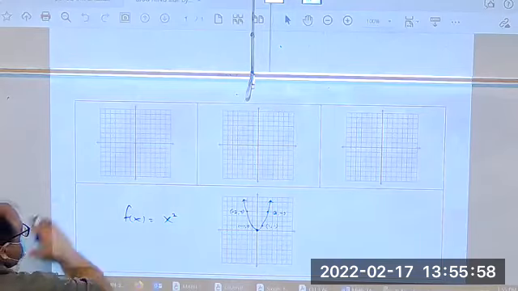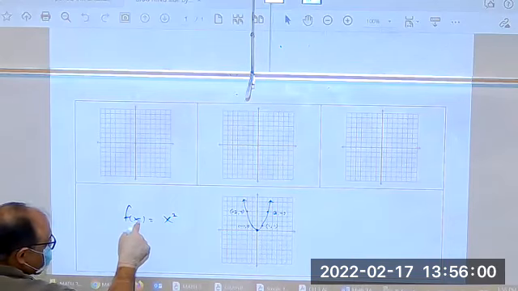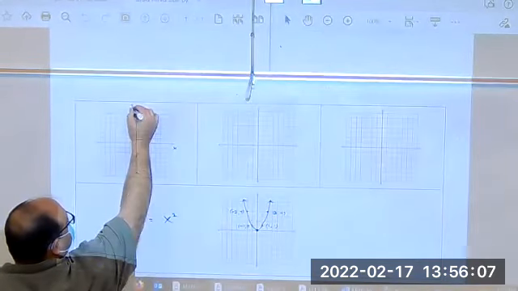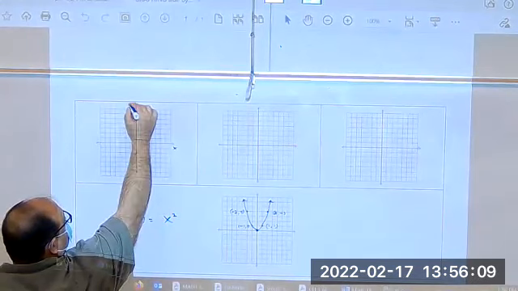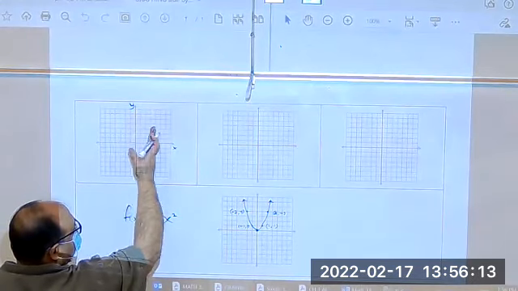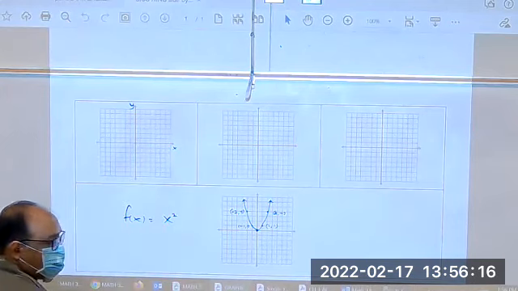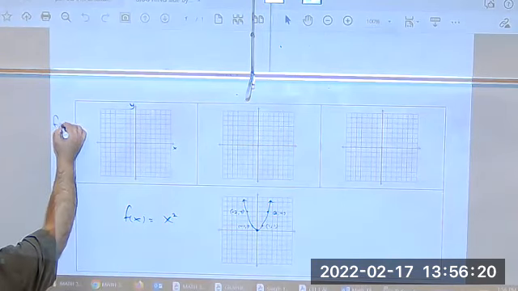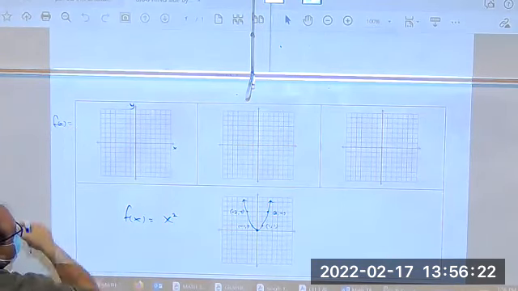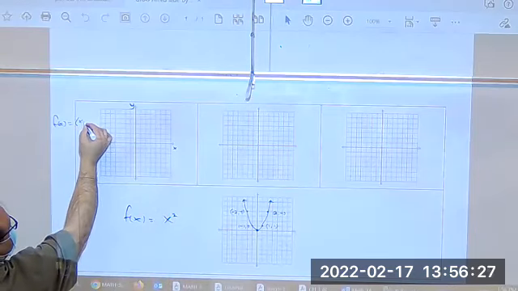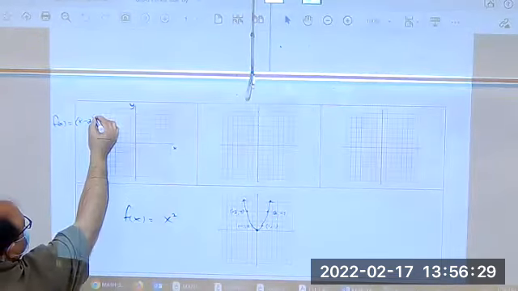If you mess with the x coordinate, you are shifting the graph left or right on the x-axis. So if I was going to graph f of x equal to, instead of x squared, x minus 2 squared.